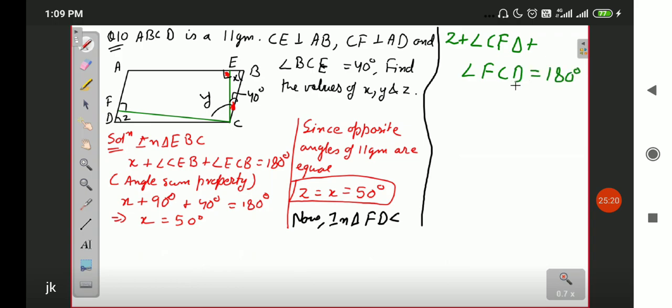Once again, angle sum property. Z was determined as 50 degree. Angle F is 90 degree plus angle FCD is equal to 180 degree. In this manner, you get the value of angle FCD as 40 degree.